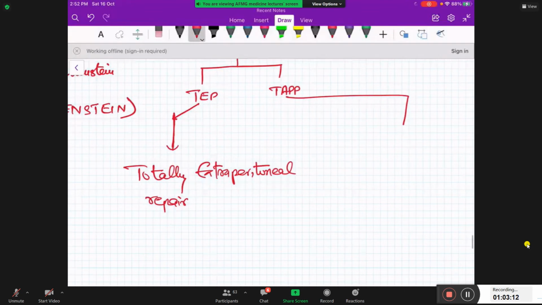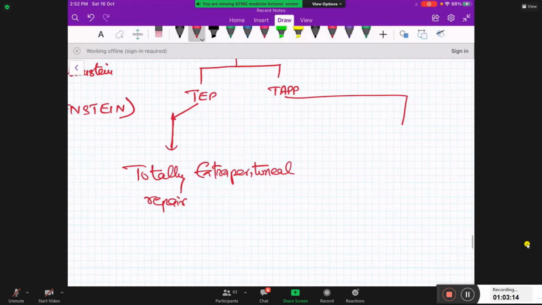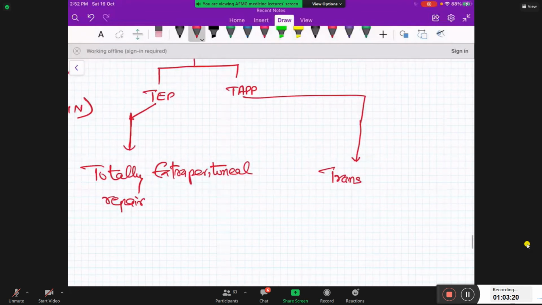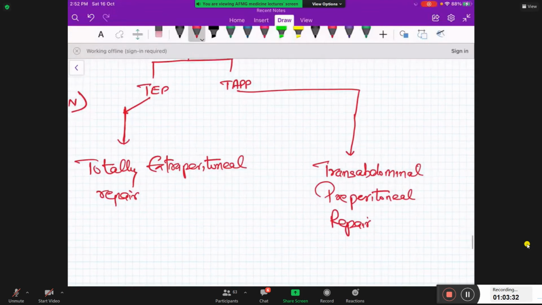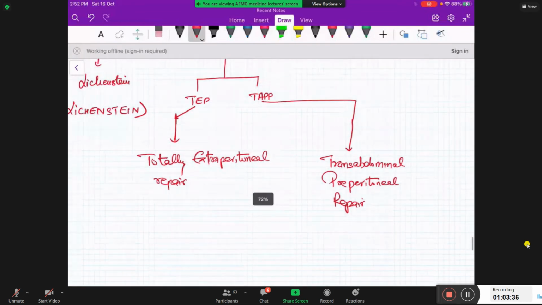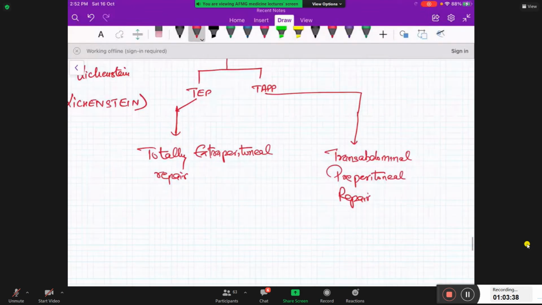Transabdominal preperitoneal repair. Here, at your level, you don't need to go into much detail.